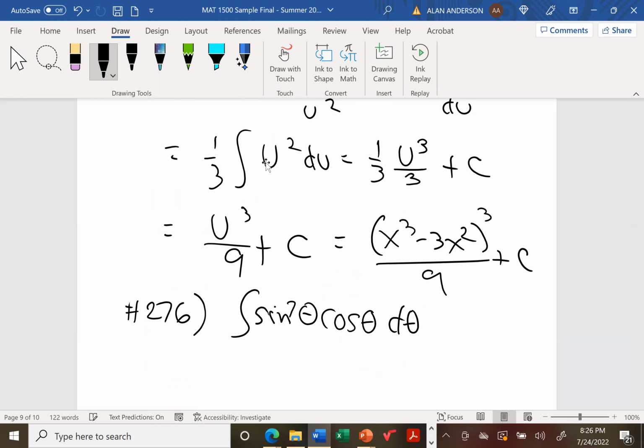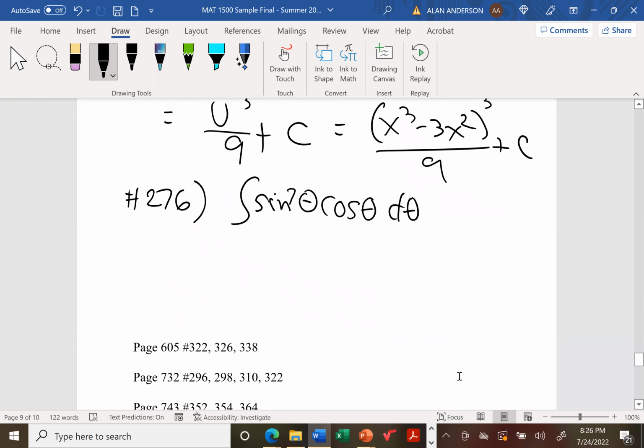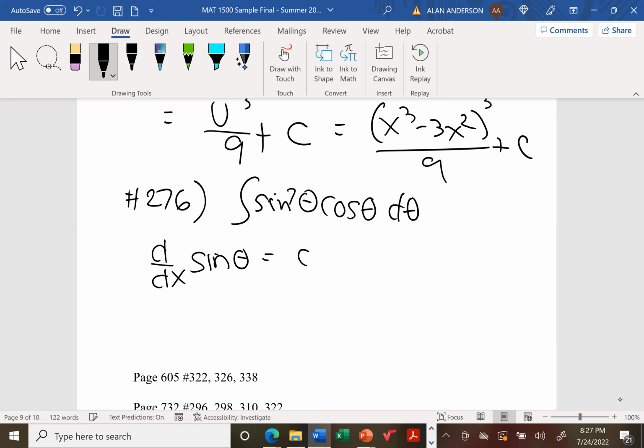So here's what we're going to do. Based on the charts from way back, I don't remember exactly which slides they were on, but we saw that the derivative of sine theta is cosine theta. So let's do this. Remember, we usually try to let u be whatever has the highest exponent.